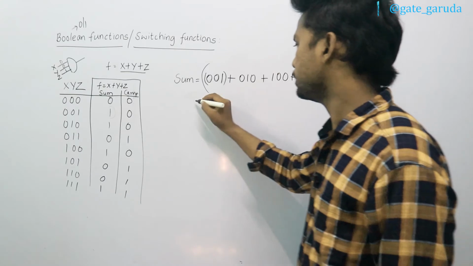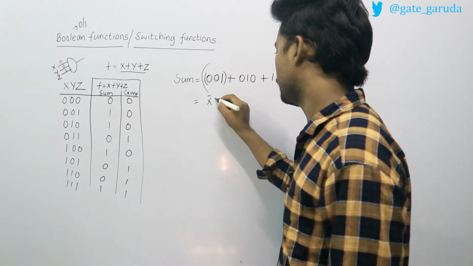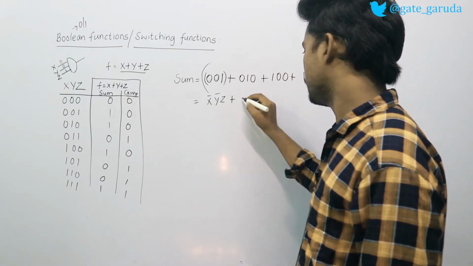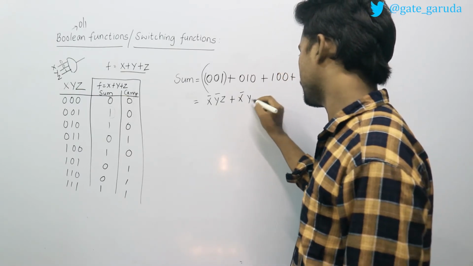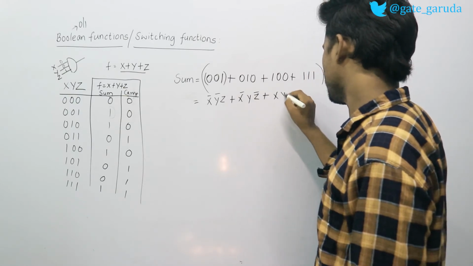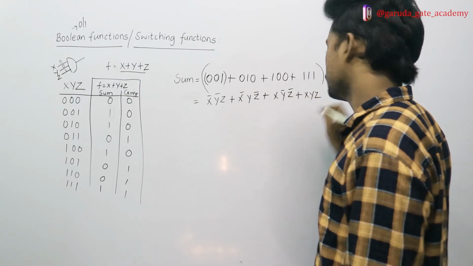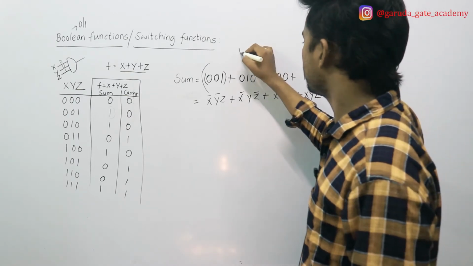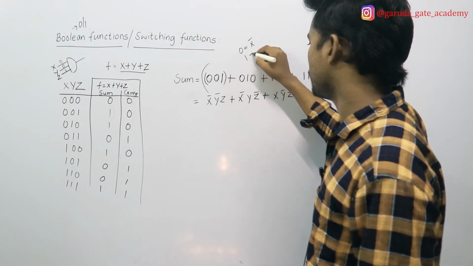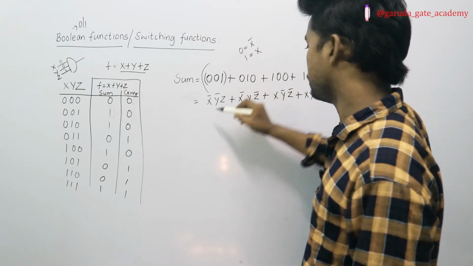If you write in canonical form, this will be x bar y bar z plus x bar y z bar plus x y bar z bar plus x y z. When there is 0, I am taking x bar. When there is 1, I am taking x.